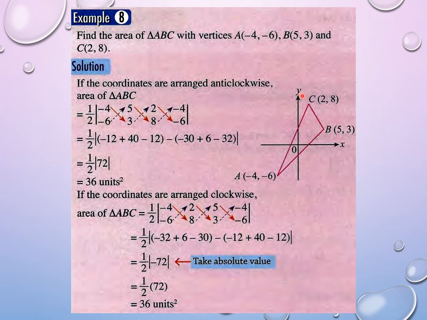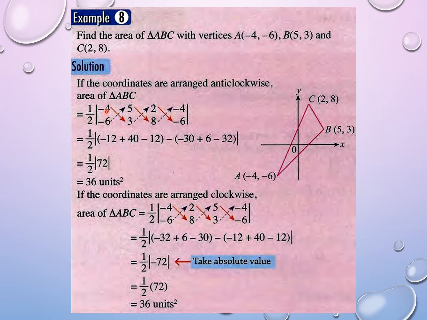So I have one triangle, you see, triangle ABC, with their coordinates. We just write down the coordinates. Clockwise or anti-clockwise is okay. If I do anti-clockwise, I get positive, right?